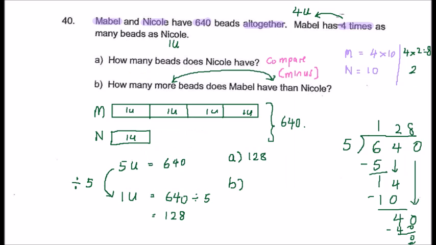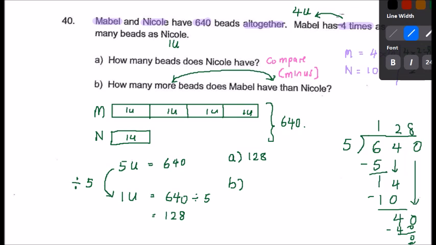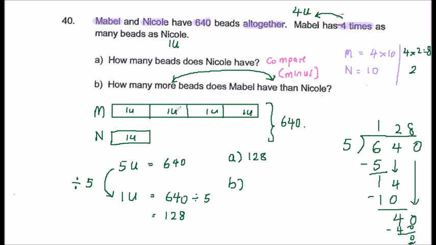What Vela did was to find Mabel, which is 4 units, then minus 1 unit. But can you see what the difference is based on this model? I'm going to teach you another method. The difference is what I highlighted in pink.